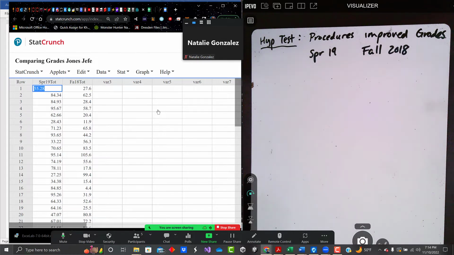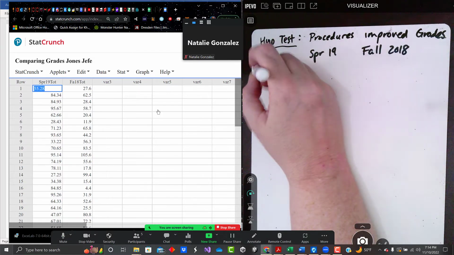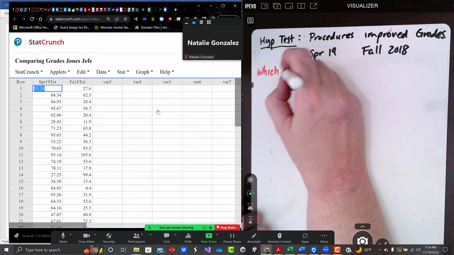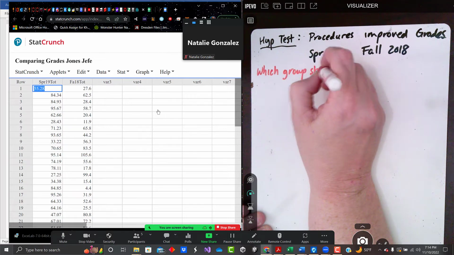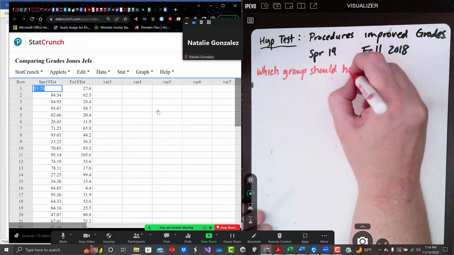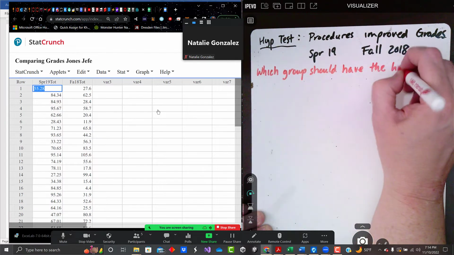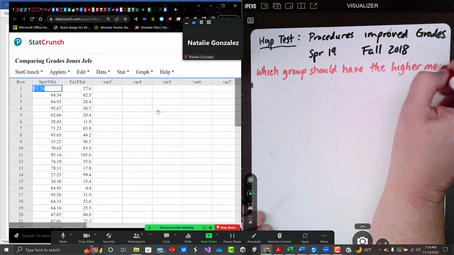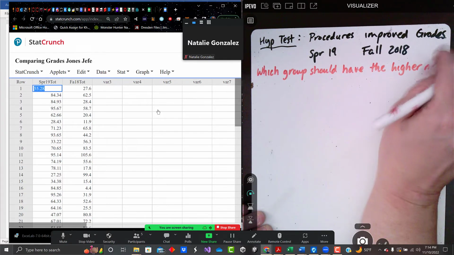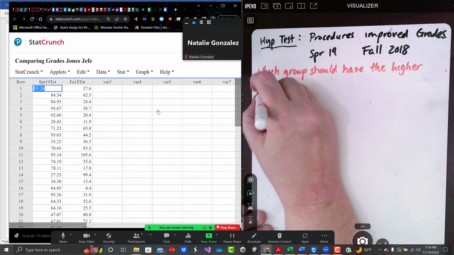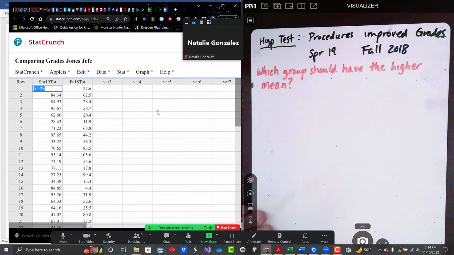Now, if I think that this improved my grades for my students, which mean should be higher? Which group should have the higher mean? Fall 2018 was the old method.